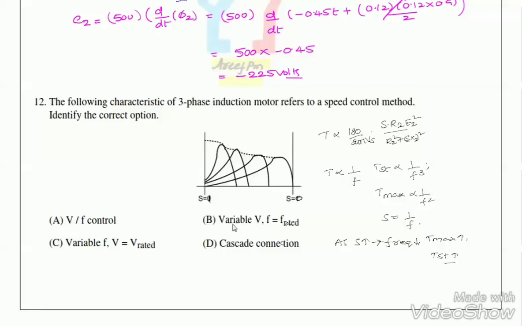Slip is 0 here, so slip is increasing in this direction. So as the slip increases, frequency decreases, maximum torque increases here, 1, 2, 3 and 4. So these are the variations in flux. This happens only in case of variable frequency, and V is V rated condition only.